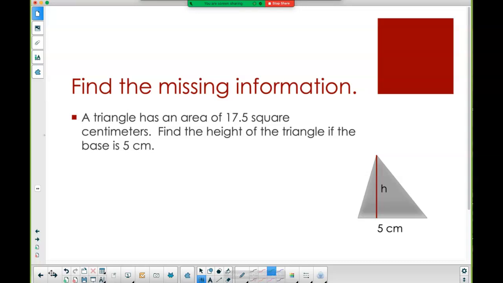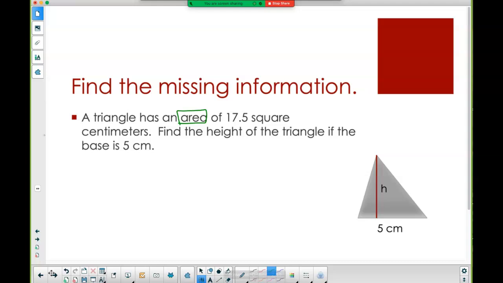Okay? I promise. So this problem is dealing with a triangle, and it's dealing with the area of a triangle. Agreed? So we need a formula that would work for area of a triangle. What's the formula for area of a triangle?